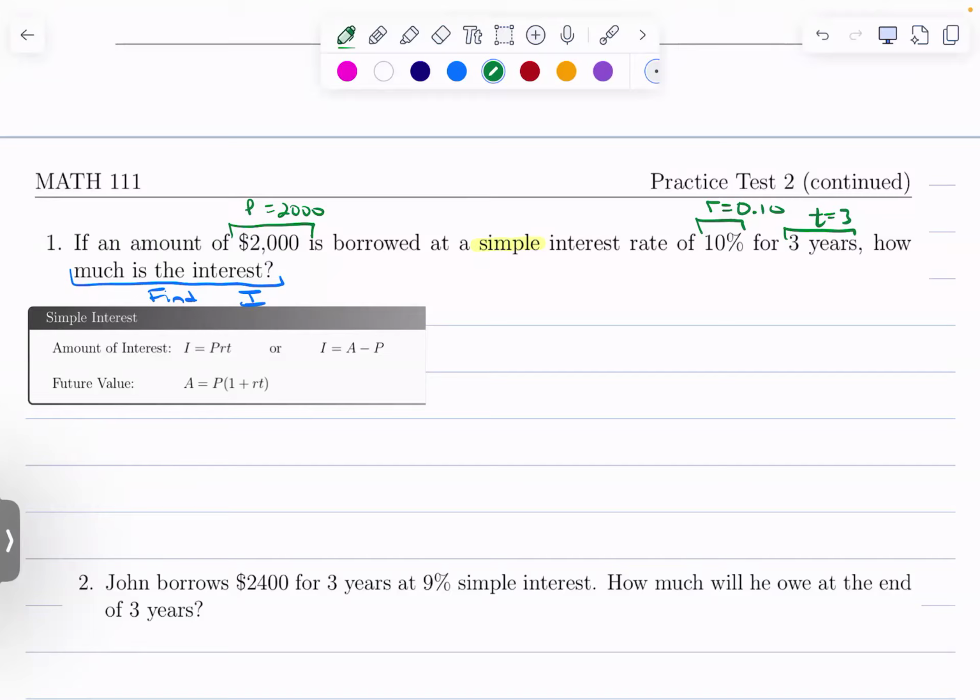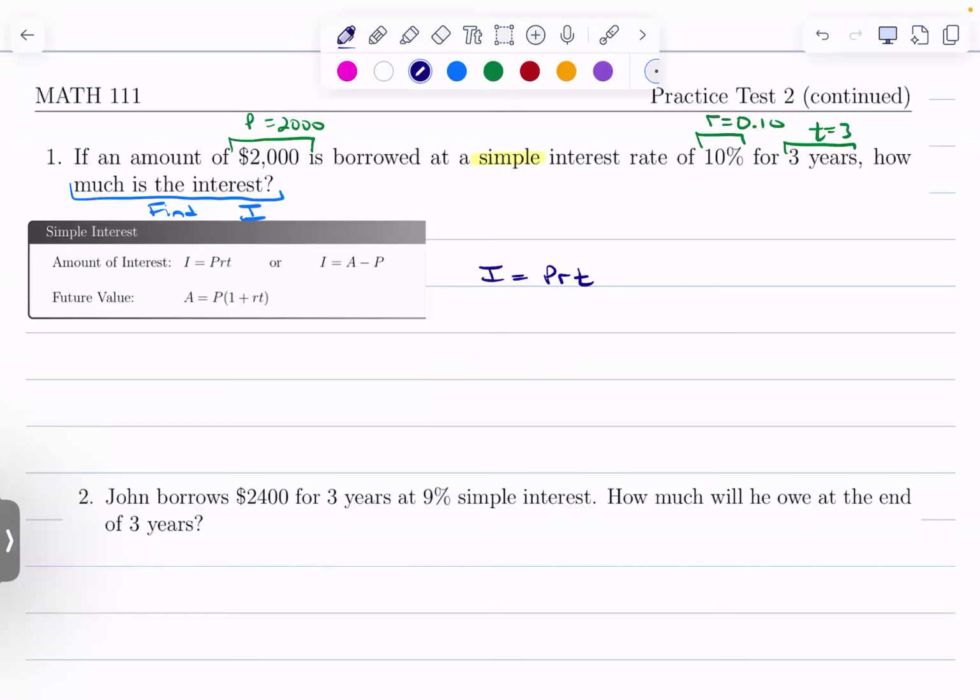You want to make sure that your rate and your time frames match, right? Here, the rate is just given as 10%, right? Not yearly or monthly or anything like that. So we can go ahead and say that I equals PRT. I want to see the blank formula that you're about to use, right? And then I want to see it filled in.